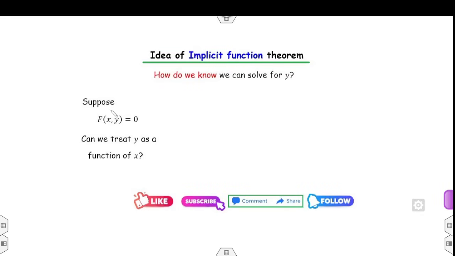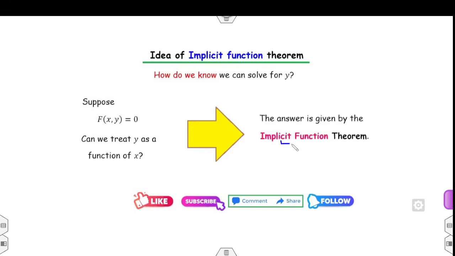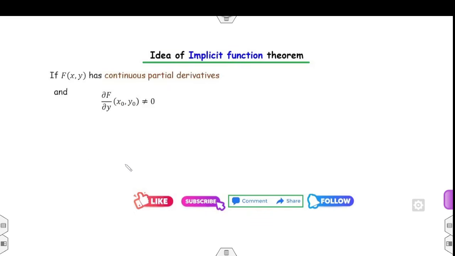If you consider any function f, consider y as a function of x. Can you equate y as a function of x? When can we write something and when can we not? You can use the implicit function theorem. The simple concept is, if you want to write y as a function of x, you find the partial derivative of f with respect to y. If this value is non-zero, then yes, you can write y as a function of x.